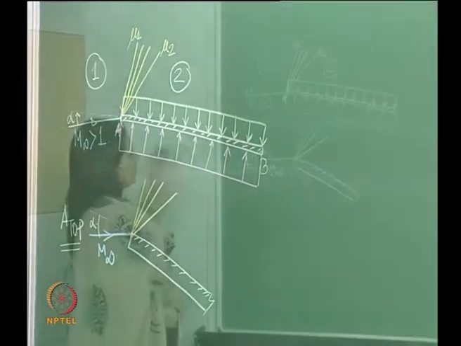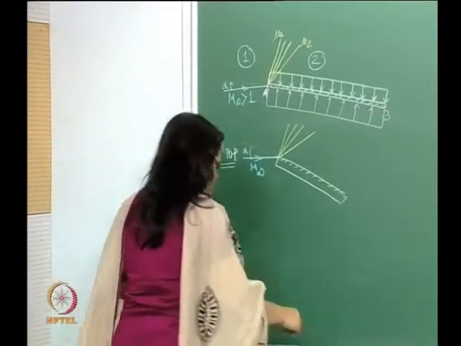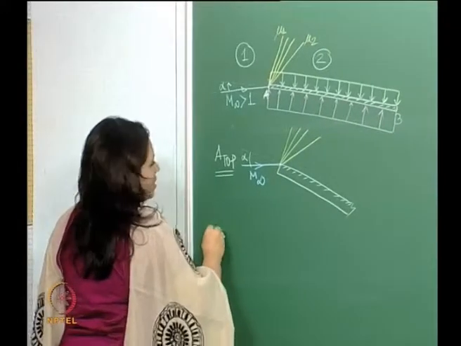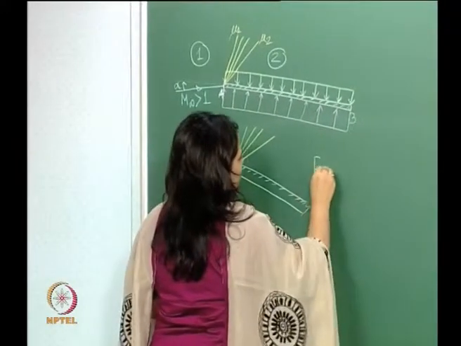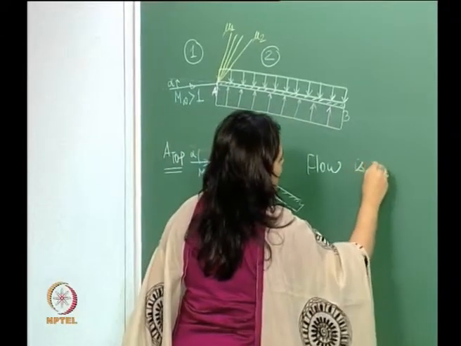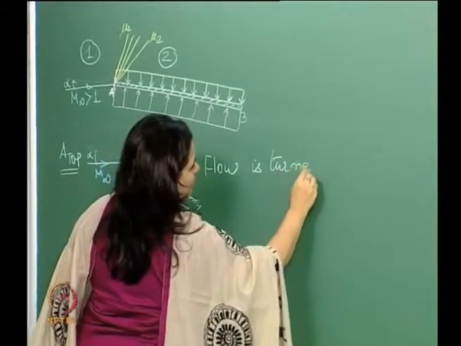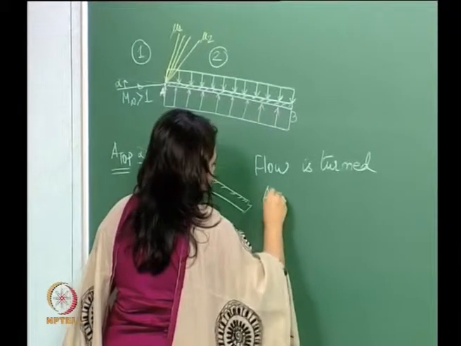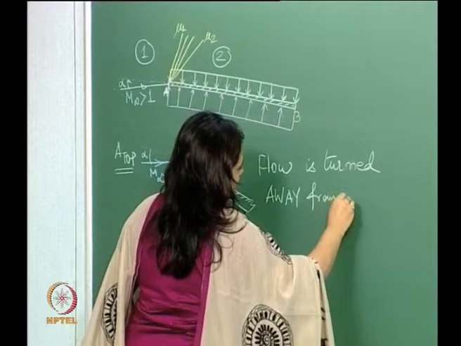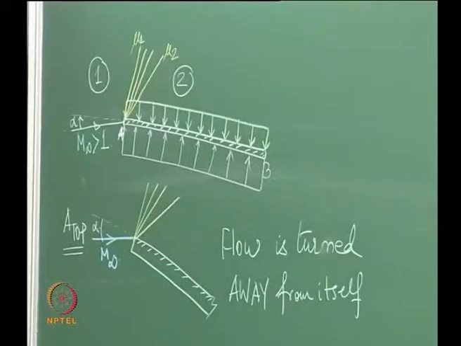Now, let us look at the bottom surface at A. If I look at the bottom surface at A over here, what we can say in this particular case is that the flow is basically turned away from itself.